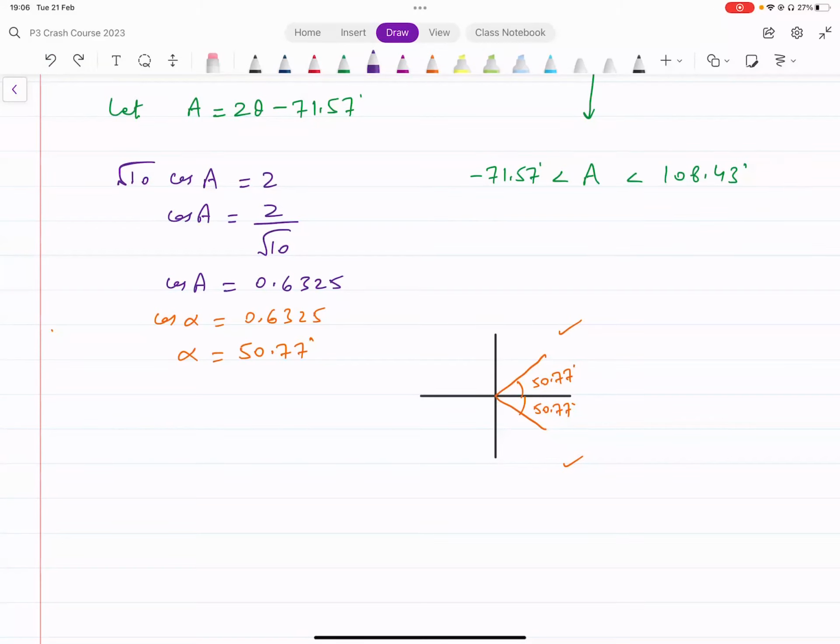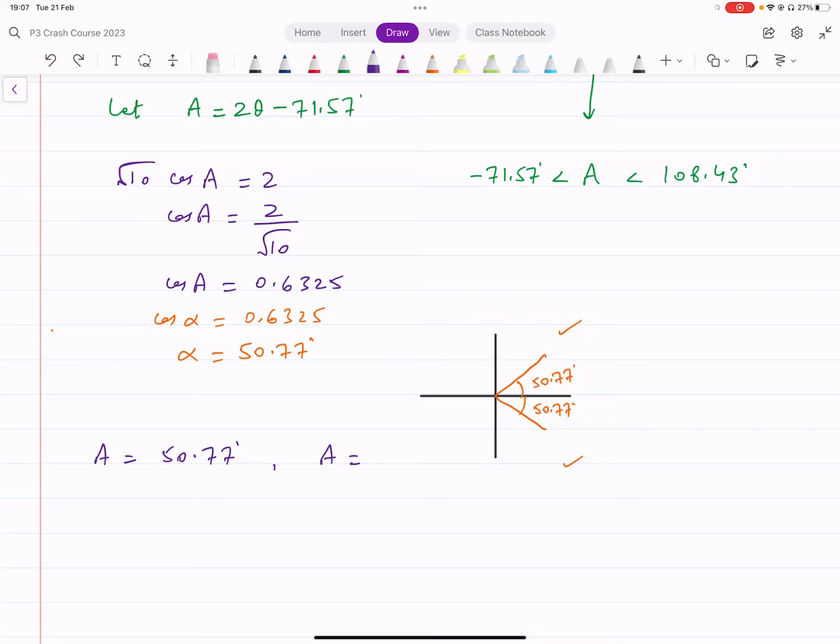Let's look at the first quadrant. In the first quadrant, you could have A equal to 50.77. Let's look at the fourth quadrant. If you go all the way here, this would be outside the interval. You see, the interval is only until 108. This angle would be bigger than 108, so we can't go there.